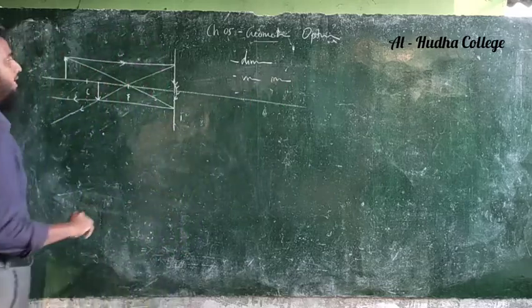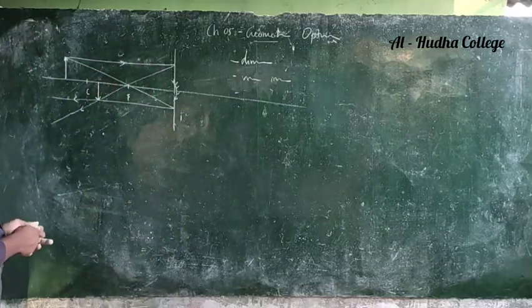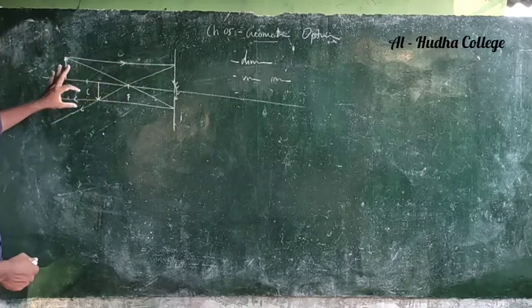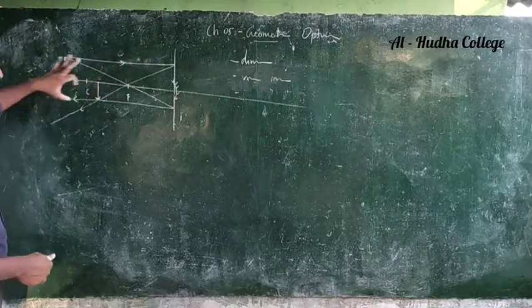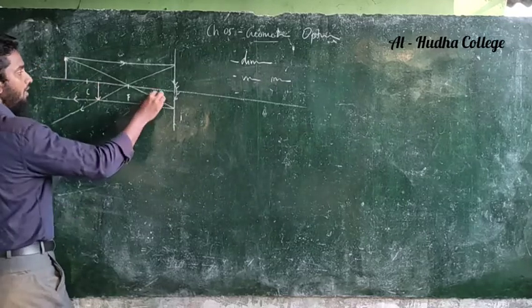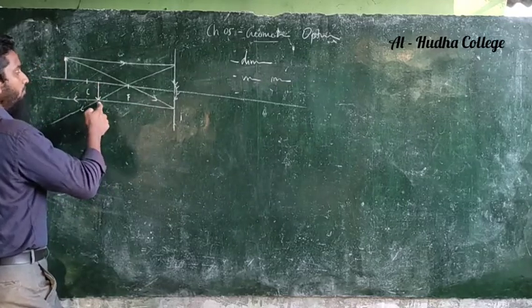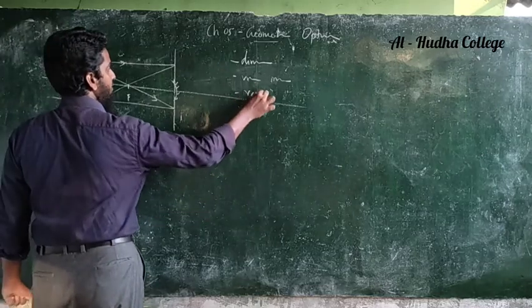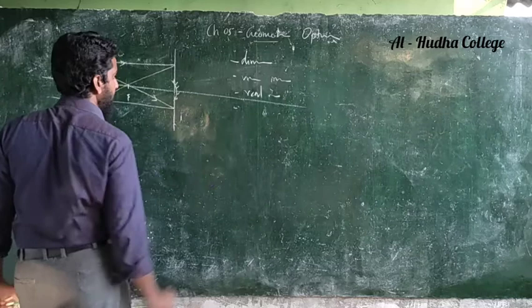And the third character, real or virtual. These rays are real rays after the reflection. After the reflection, the real rays form this image. Therefore, this is going to be a real image.